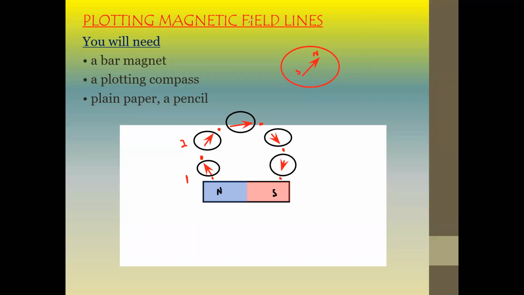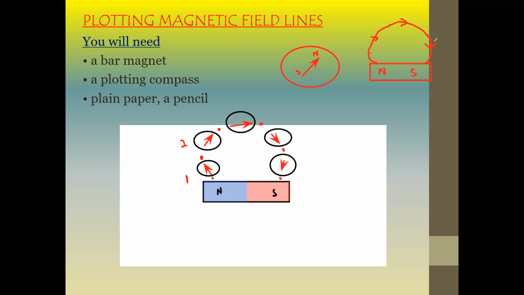So when I remove the compass, what appears? I will get points only: 1, 2, 3, 4, 5, 6. So when I join these points, what will I get? This line is representing a magnetic field line which shows the direction of the magnetic field.